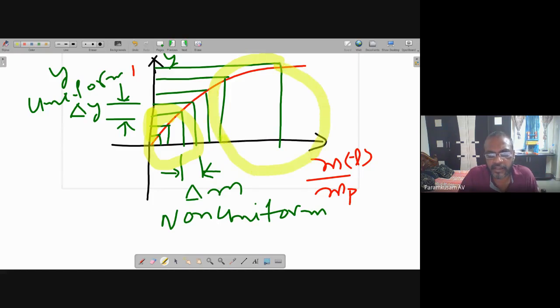In this region, the x scale input signal range is large, but y scale range is less. This y scale range is uniform entirely, but x scale range is varied.